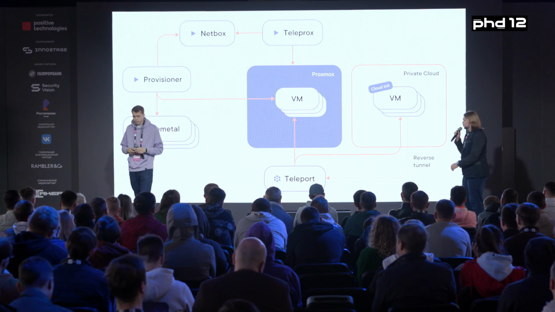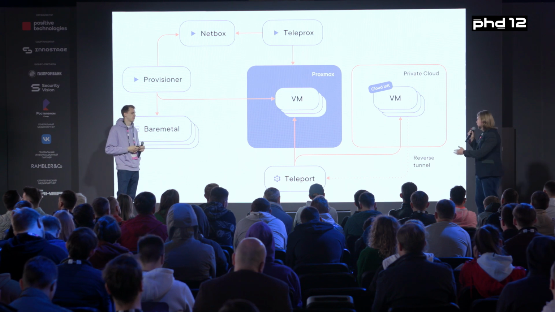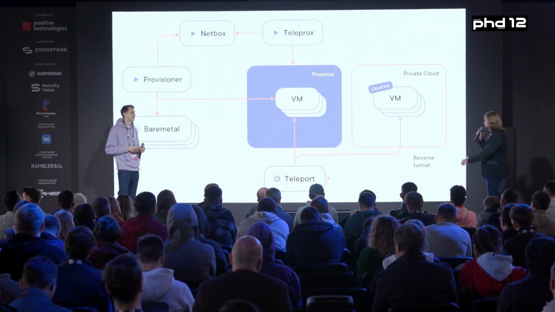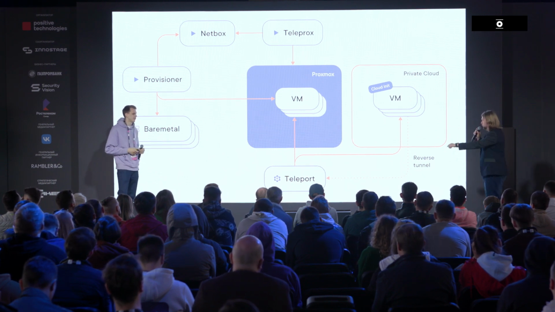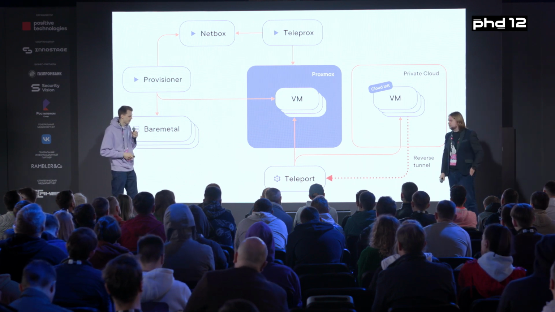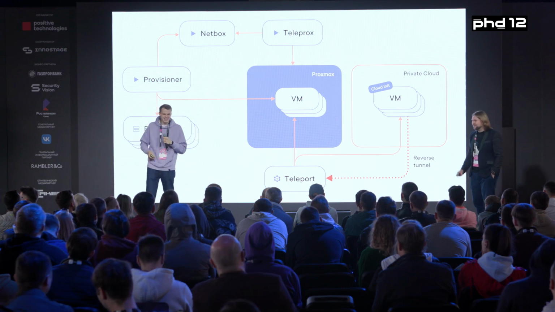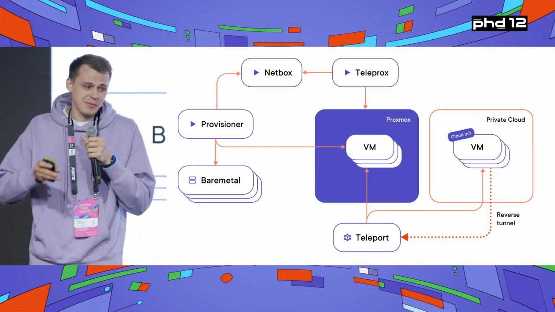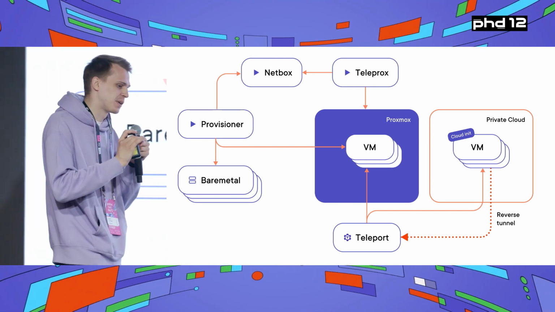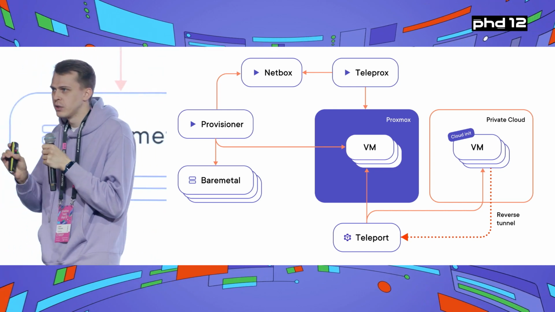Okay, a question. Virtual machines in a cloud are usually in an isolated network, so outside of the net. And here you can see the connection between Teleport and the virtual machine. So how do you connect them? Thank you. This is a tricky question. So we start up and connect the virtual machines.